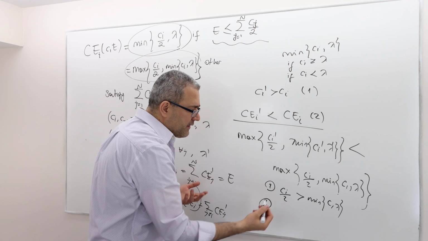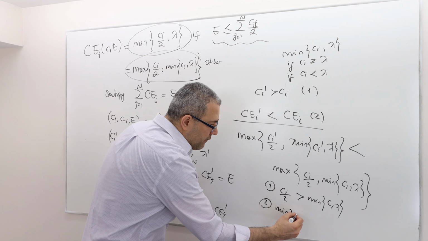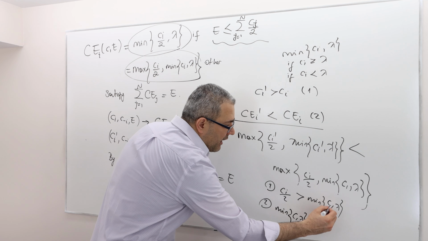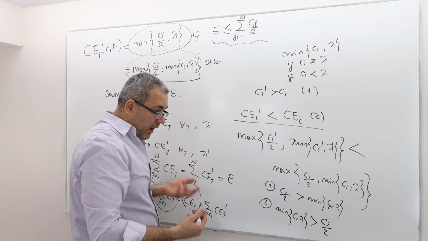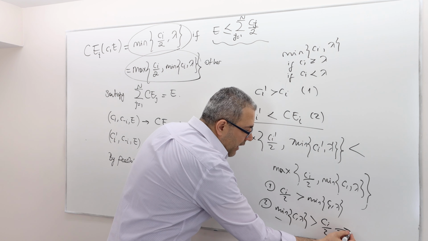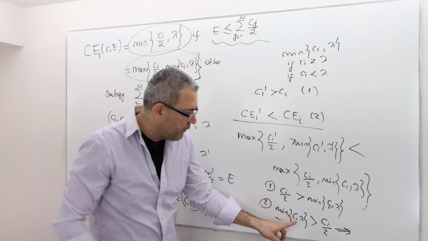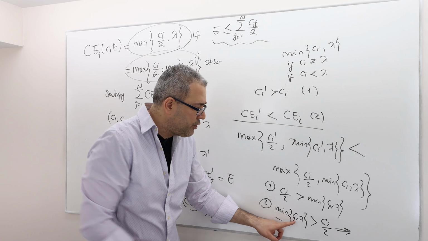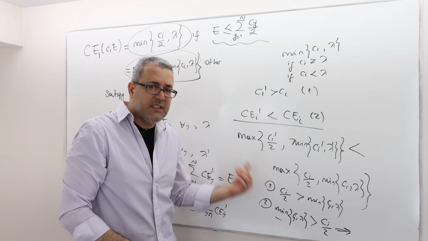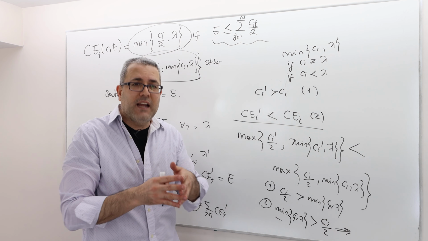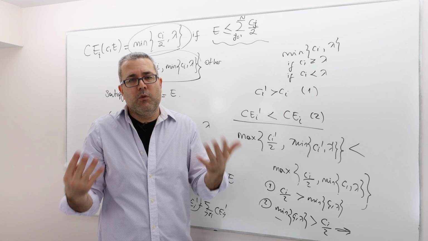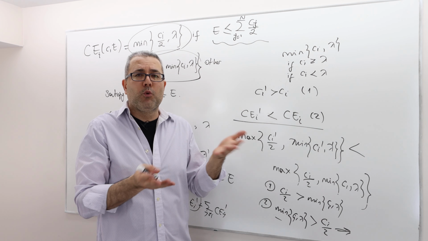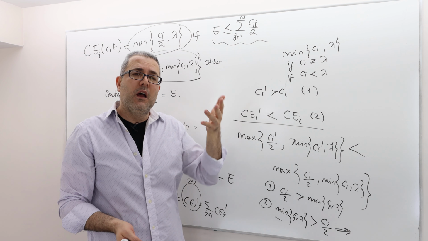And then the second case is, well, the min of CI and lambda is greater than CI over 2. But this is going to lead to another 2 cases, because the minimum of CI and lambda, which one is actually the min? Is it CI? Is it lambda? So that's going to give me another 2 cases, all right? So therefore, what I want to say is that there's going to be many more cases here rather than 2.